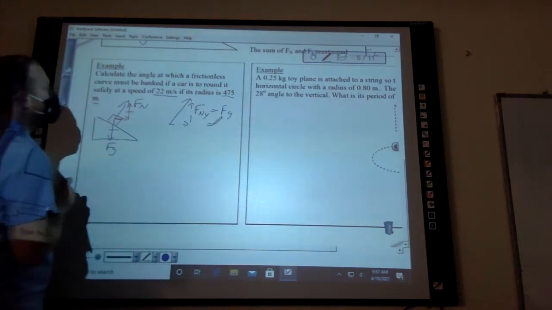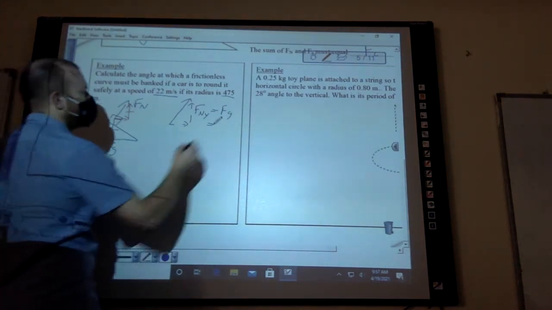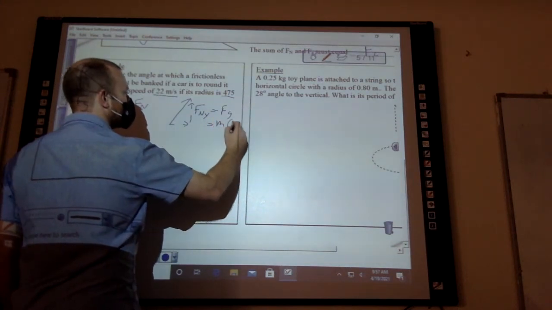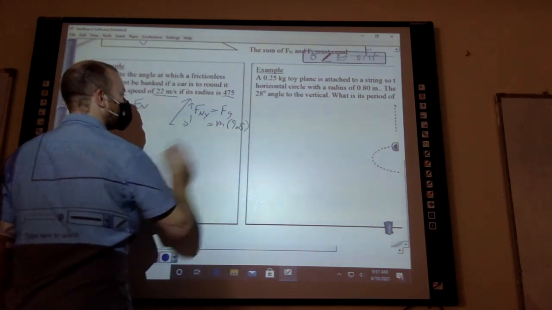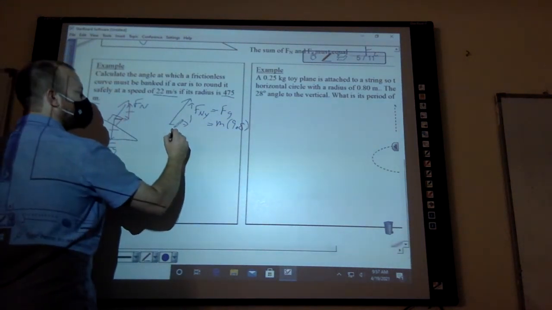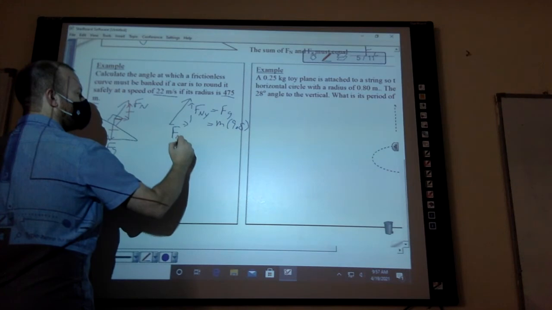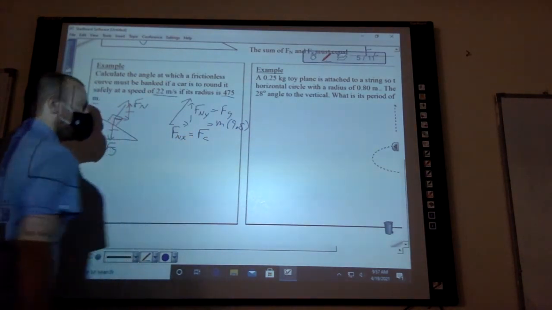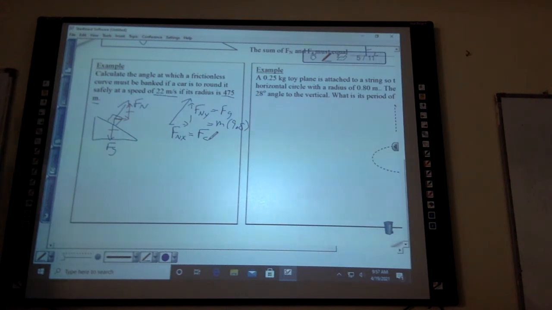Do I have the mass of the car? Okay, so let's just keep it as m times 9.8. Then this side is going to be F normal in the x direction, which is equal to Fc. This is our total centripetal force. I'm told the speed and the radius.